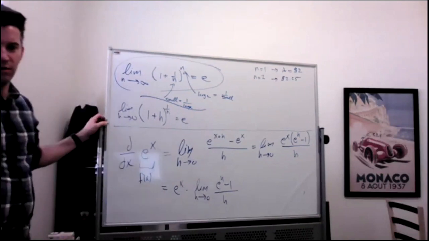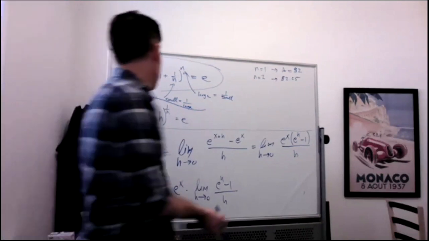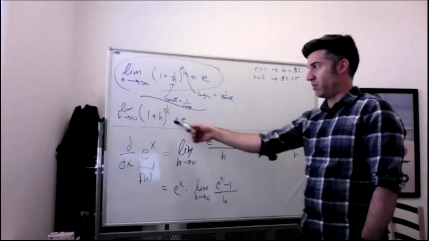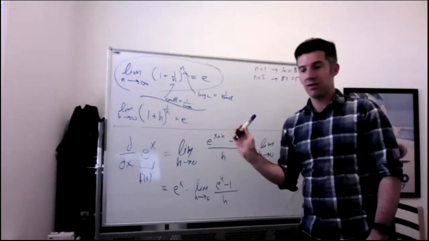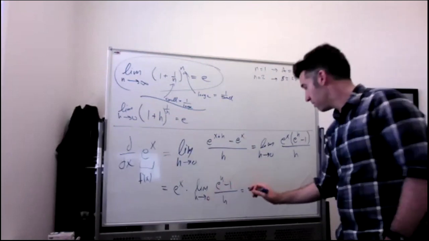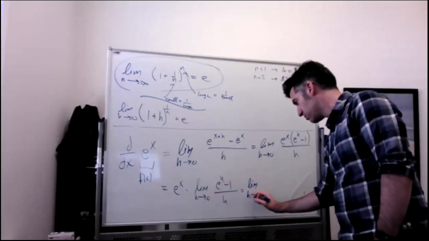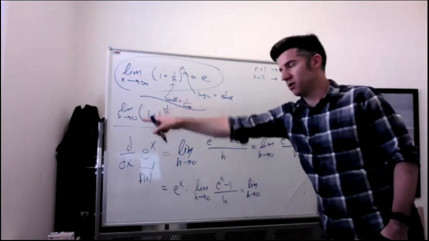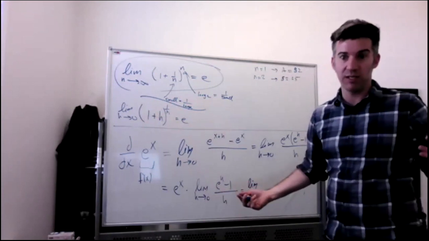And you might be wondering, why do we care? Well, because now look what I'm going to do. I'm going to take e and replace it with this limit. So e is the limit as h goes to 0 of (1 plus h) to the 1 over h.